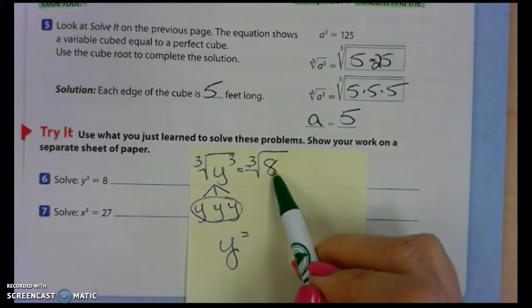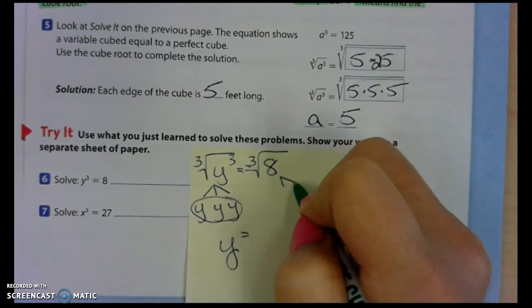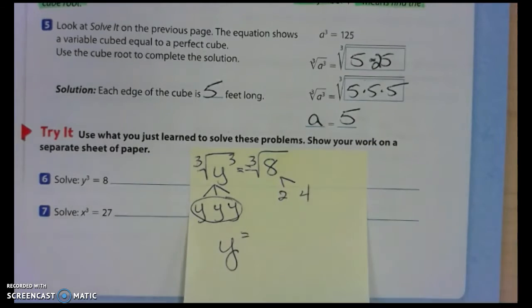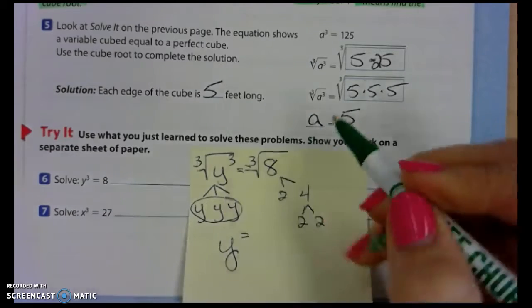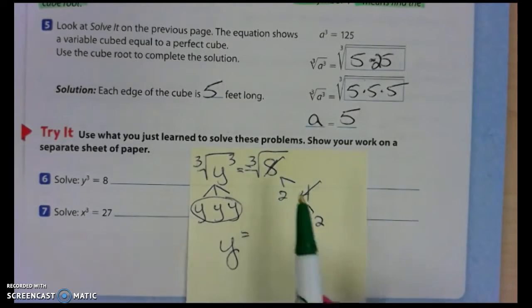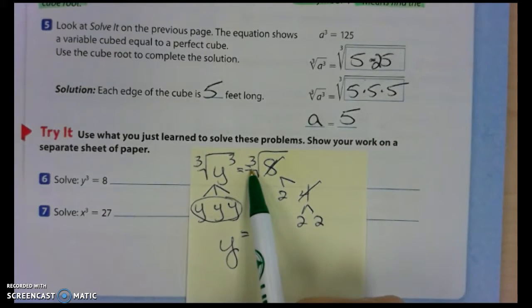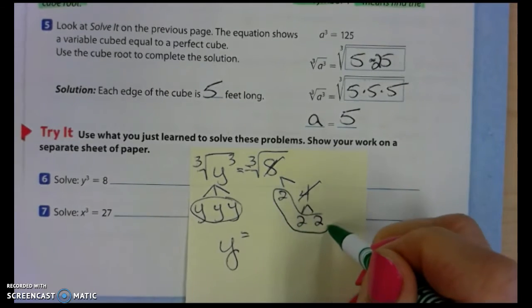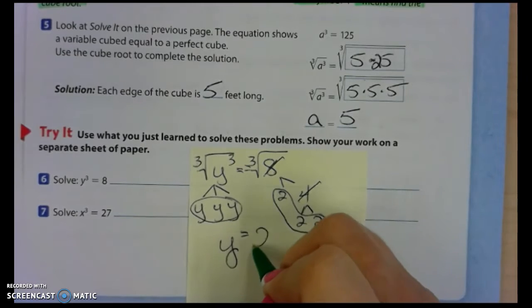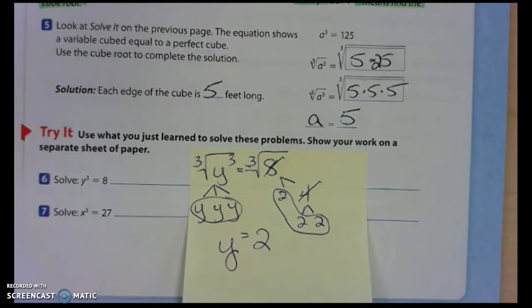The cube root of 8, we're going to factor tree there. I've got 2 times 4 makes 8, and 2 times 2 makes 4. It takes 3 identical factors to factor out of the radical. I have 3 2's, so my answer is y equals 2.